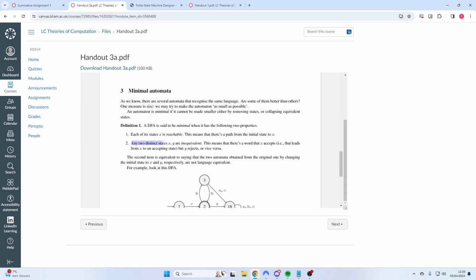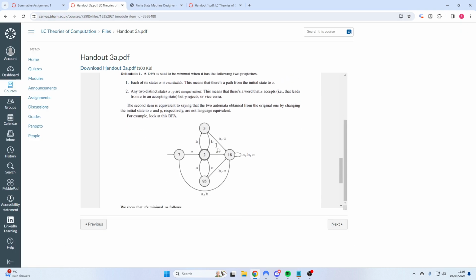And the other condition is that any two states are inequivalent. Meaning, if there's a word that X accepts or rejects, and Y does not do the same, they're inequivalent. If Y does do the same, then it's not in its simplest form because you can just combine those two states.